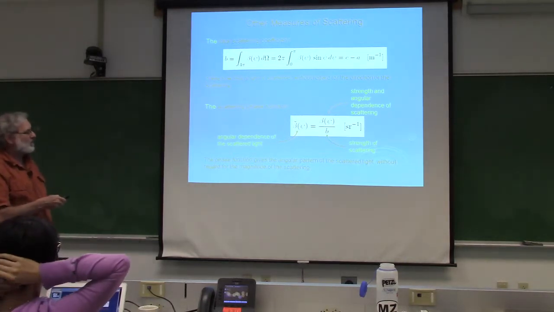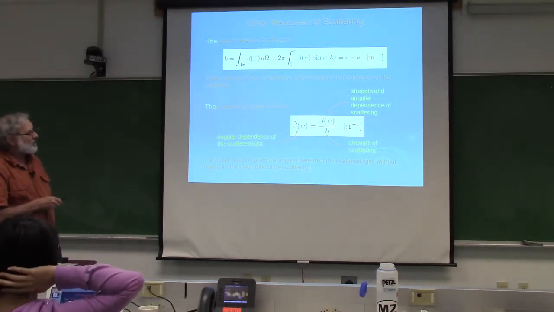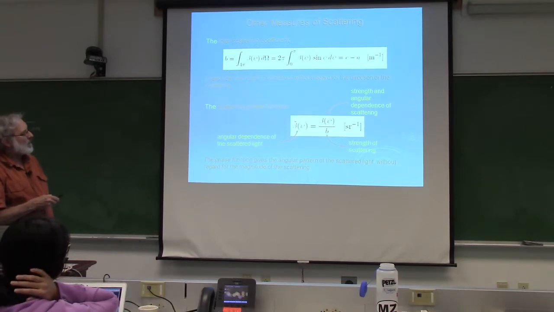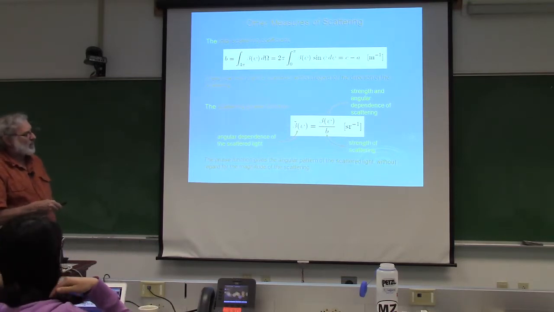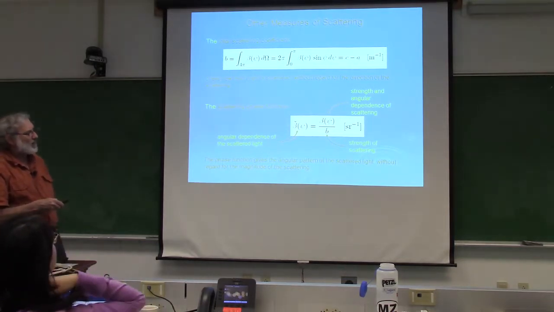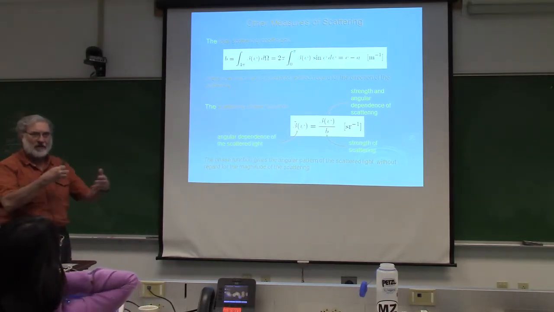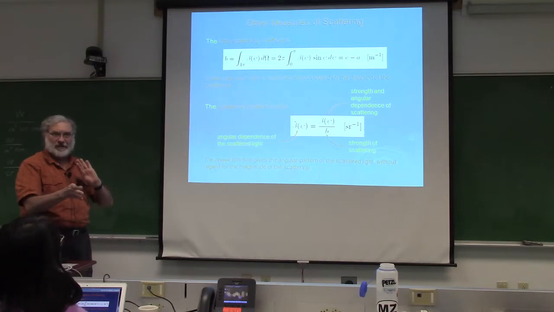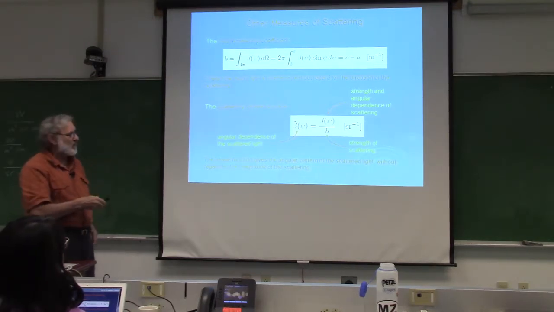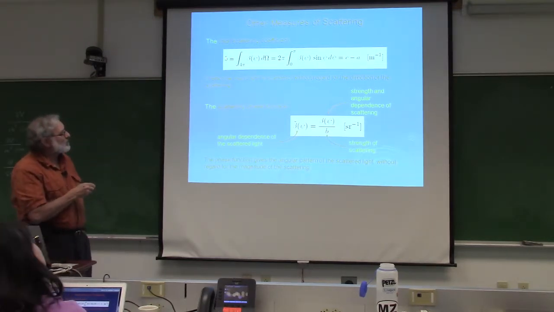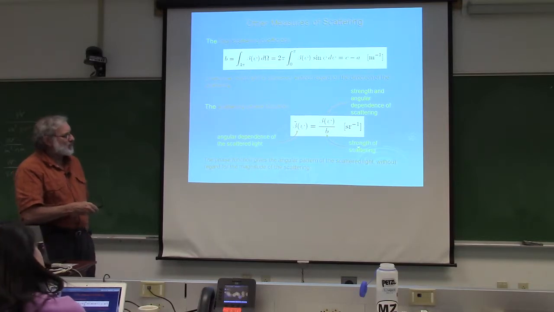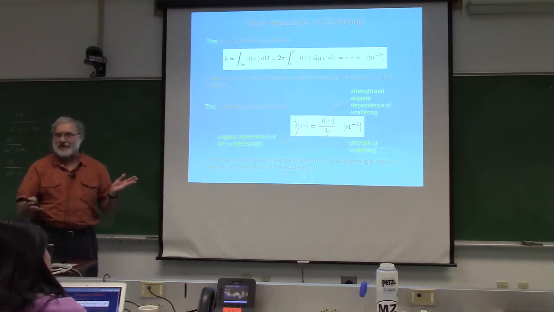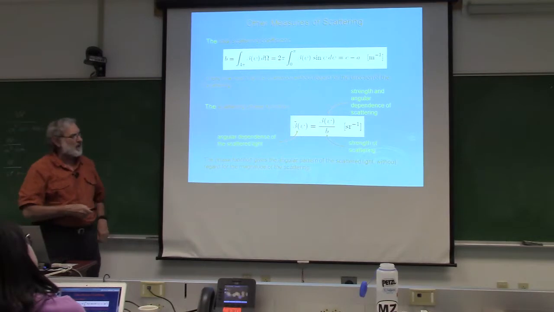Now, the idea is, look, we have this volume scattering function, and it both tells us the strength, how strong the light is being scattered, and it tells us the angular dependence. So it's got all of the information. The scattering coefficient basically tells us how much is being scattered. So that's kind of the strength of the thing.